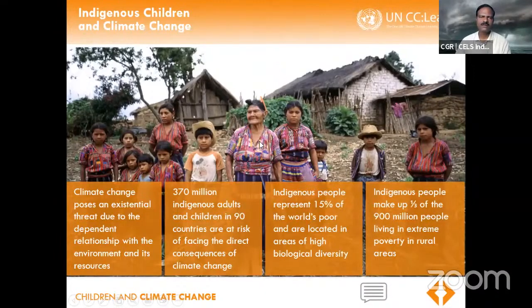Still, the people in the developed countries who are using excess energy and who have contributed to climate change are not responding, nor being responsible for the consequences happening especially in these remote communities, because the source and causes are somewhere, but the impacts are everywhere. That is what we need to understand in climate change.